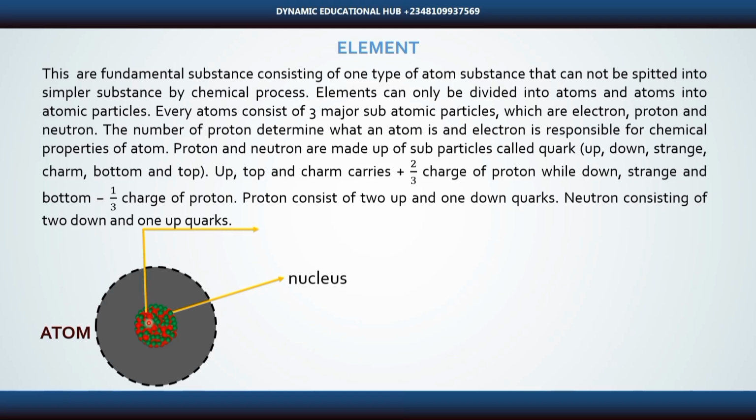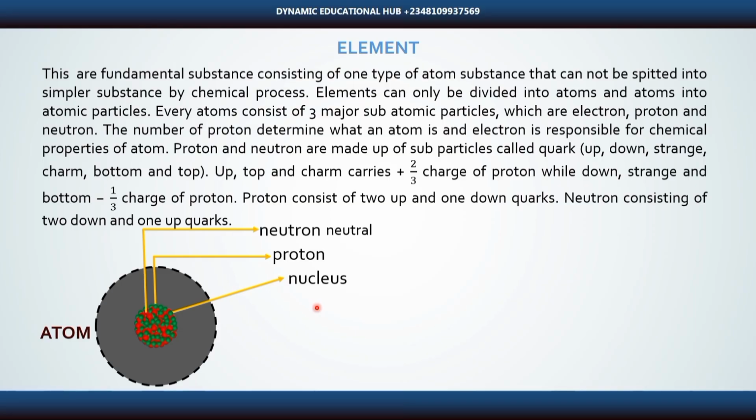The first one is neutron. Here I'm using the red particles, I'm calling it neutron. Neutron, neutral. Neutron has 0 charge. I'm still going to explain the reason why neutron carries 0 charge. It's electrically neutral. It's neither positive nor negative. It's 0. The green ones are called proton.